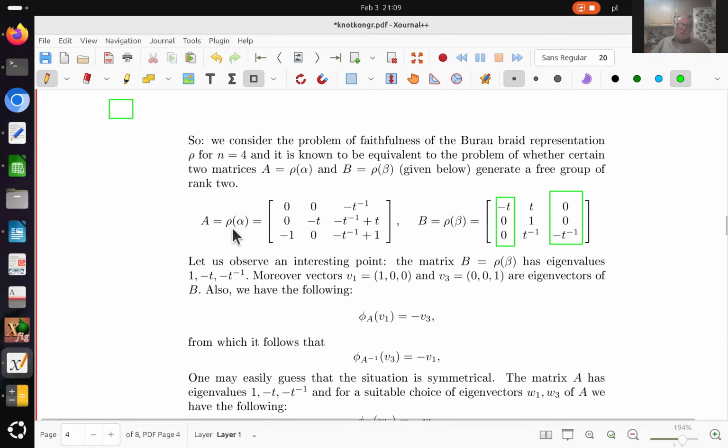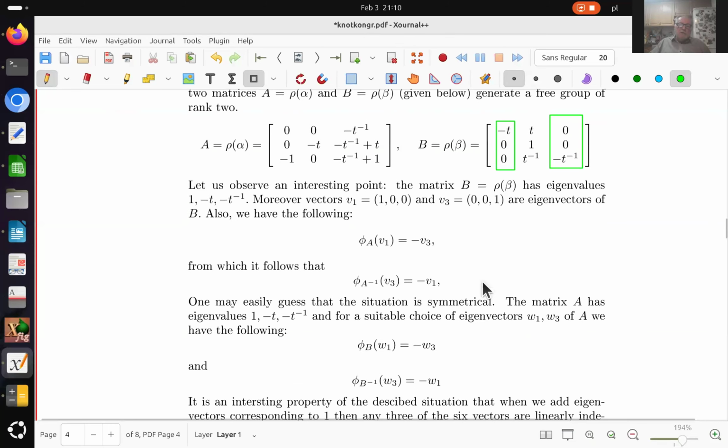When you use this matrix, rho of A, or capital A as I denoted here, and apply the endomorphism defined by the matrix A to the vector V1, the vector for eigenvalue minus t for B, it is sent to minus V3, the standard vector for the eigenvalue minus t inverse.